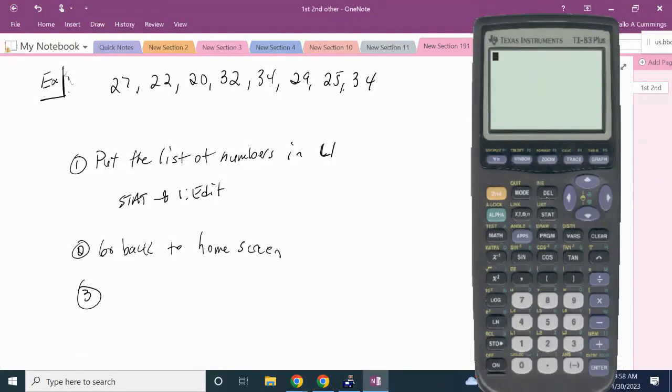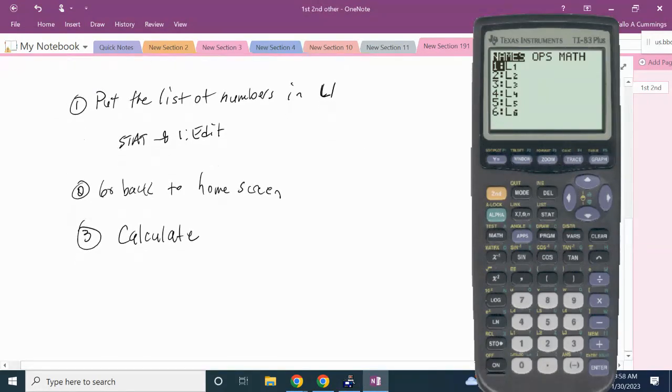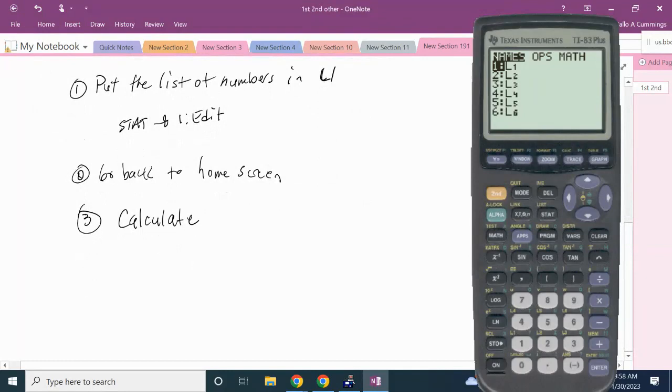So I'm going to go into this list. Since it's yellow, that's the second function. I have to hit second and stat, which is the list. So this is to calculate the mean.